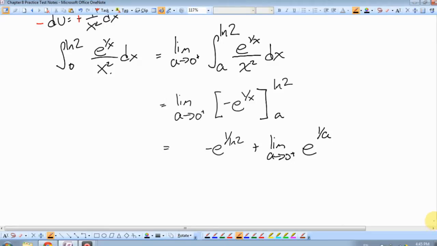Well, if it's 1 over 0, we're approaching 0 from the right side, so we're talking about positive values. We have 1 over a, that's 1 over 0, which should approach infinity. So e to a very large power is infinity. So yes, it is infinite.